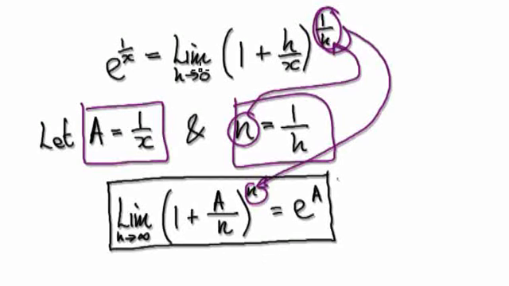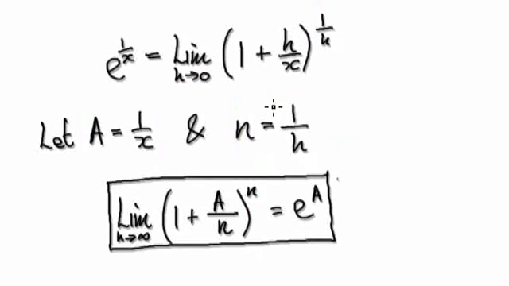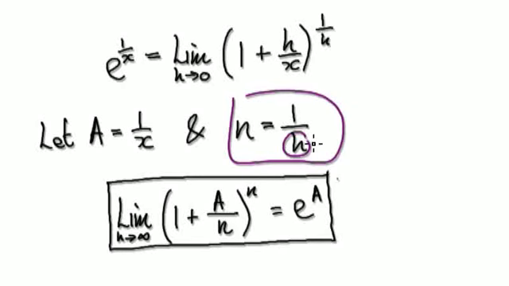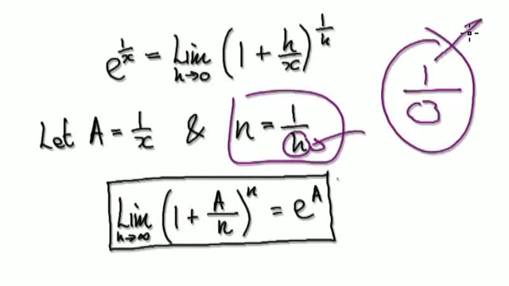And then if you look at this here, h tends to 0. When you make this substitution, as h tends to 0, you can see 1 divided by something that's approaching 0, then this whole thing here will be very, very big. So n will be bigger and bigger and bigger. It has the same effect.